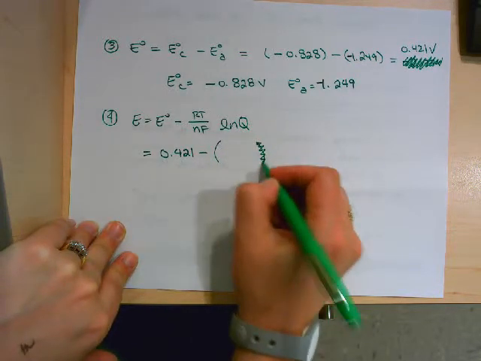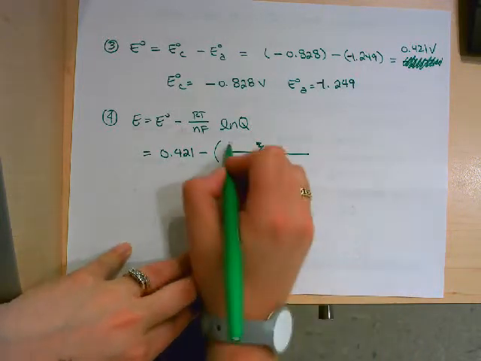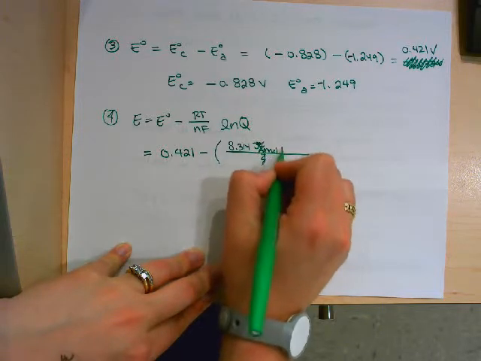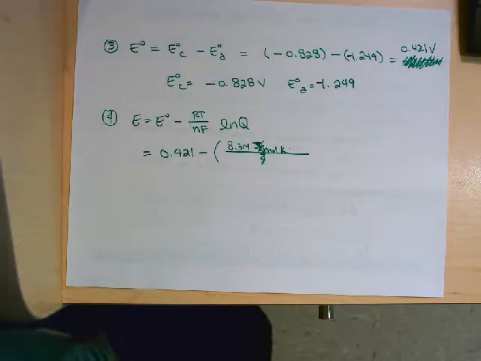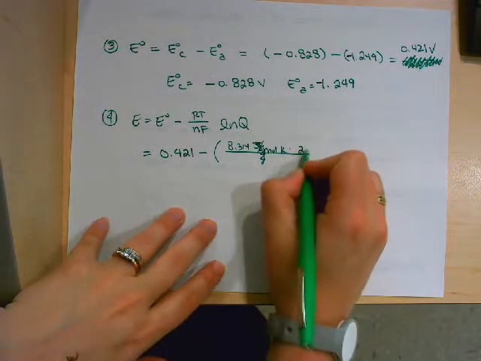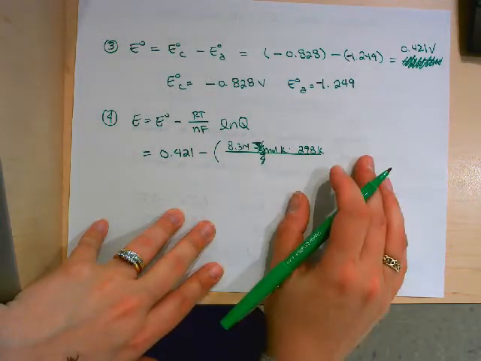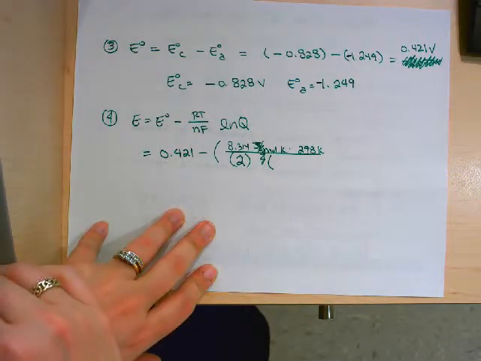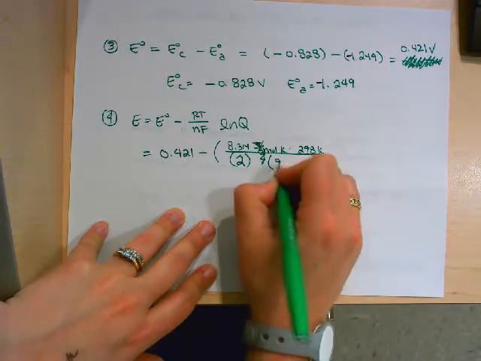R is the gas constant, right? It didn't tell us what temperature we're at. What is a really excellent guess as to what temperature we're probably at? And n we found earlier was 2. And then Faraday's constant.